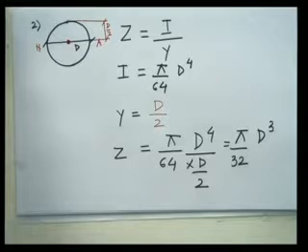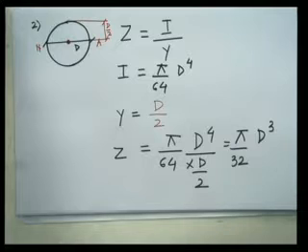Okay, same way you can find out the value of section modulus for a hollow circular section. For a hollow circular section, what is the moment of inertia? Pi by 64 into d to the power 4 minus the internal diameter to the power 4. Then what is the value of Y?